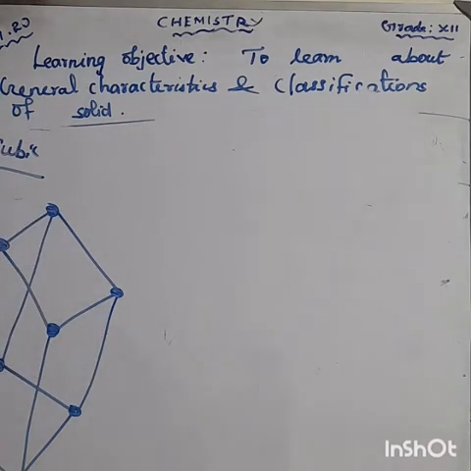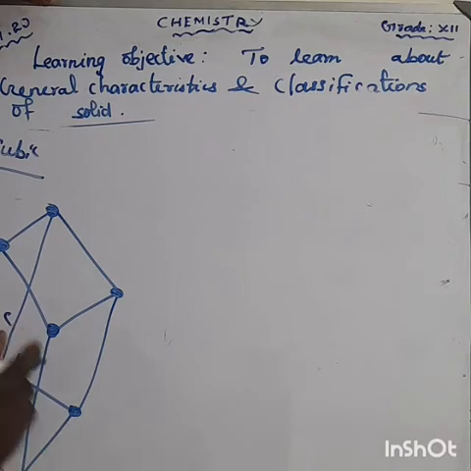Here, A, B, C. A is equal to B, B is equal to C. This is alpha, beta and gamma.